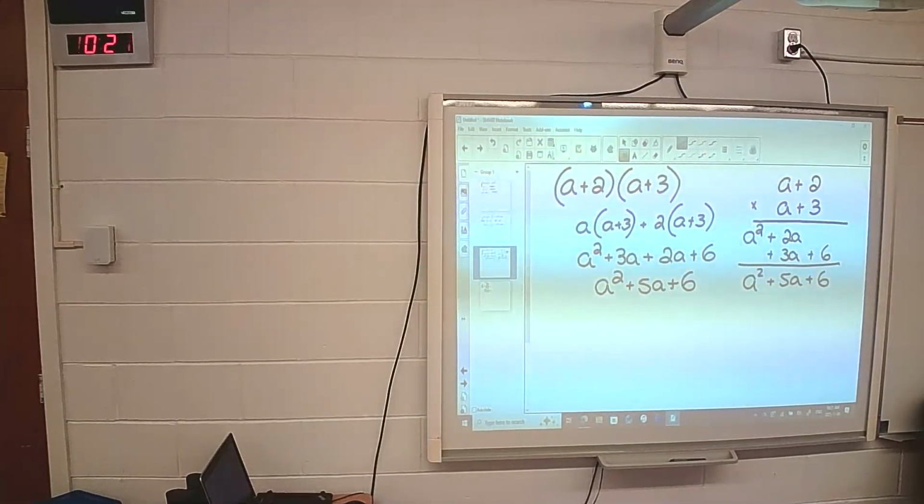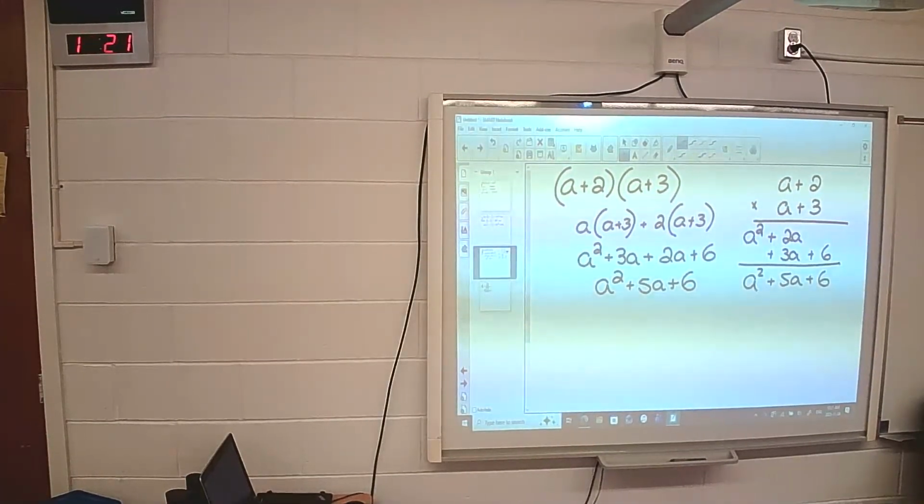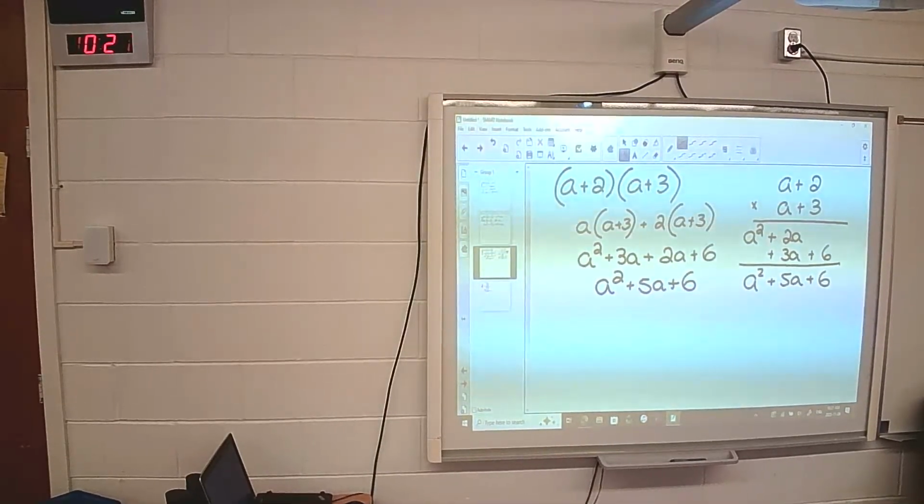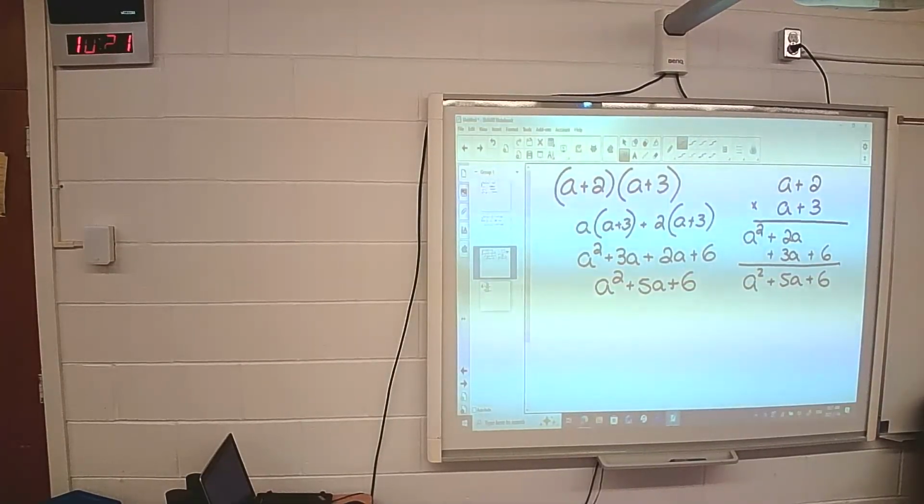Simple enough, yes? Okay. Again, I'm not going to use either one of these methods for a binomial and a binomial. All right? I'm going to use the next method, which I call FOIL.